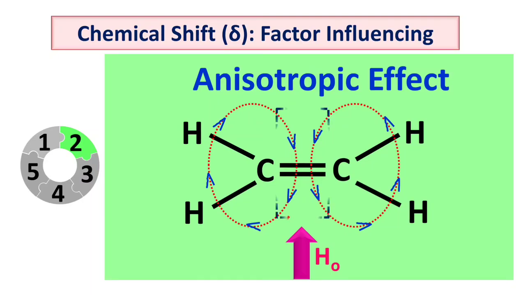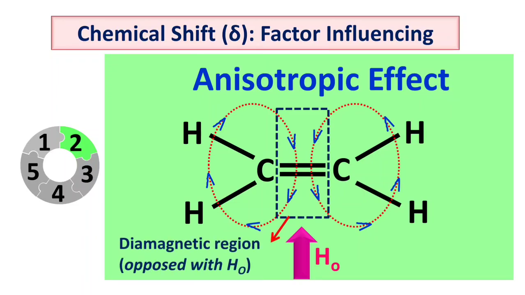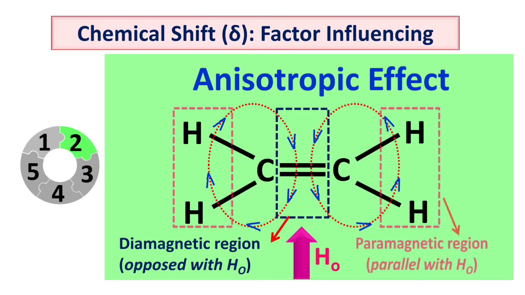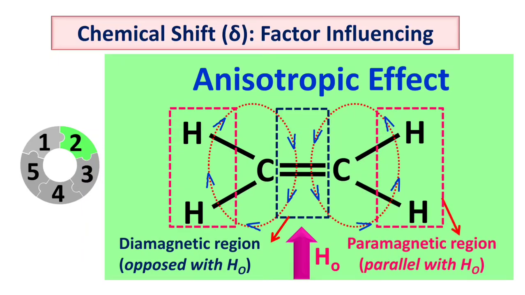If you observe very carefully, in this region the direction of the arrows is exactly anti-parallel with respect to the applied magnetic field, and this is known as the diamagnetic region. Whereas in the second region, in which the hydrogens are actually placed, the direction of the newly developed secondary magnetic field is exactly parallel with respect to the applied magnetic field, and this is known as the paramagnetic region.